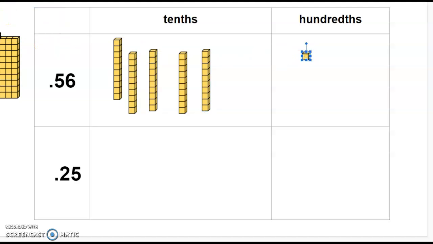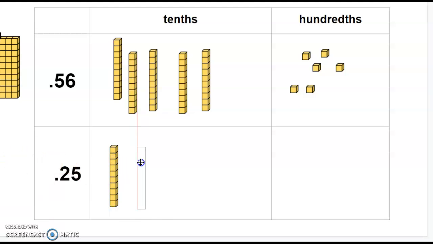1, 2, 3, 4, 5, 6. Now for my 25 hundredths, I move 2 rods over. 1, 2.